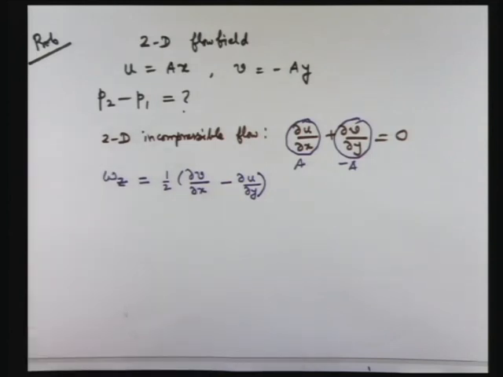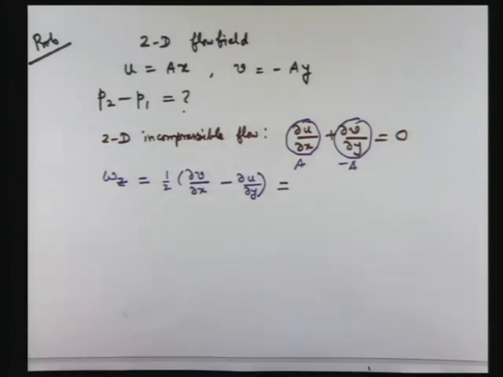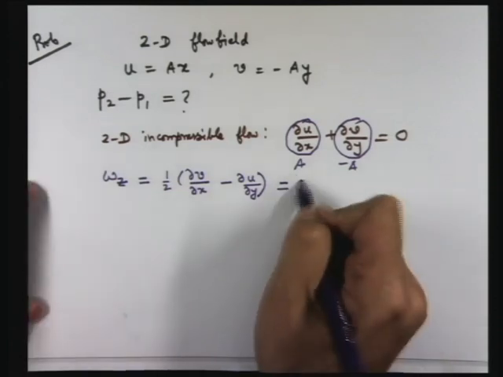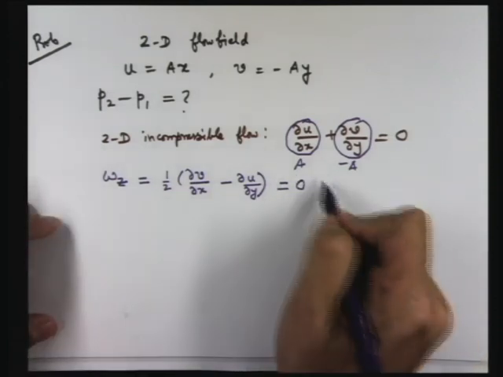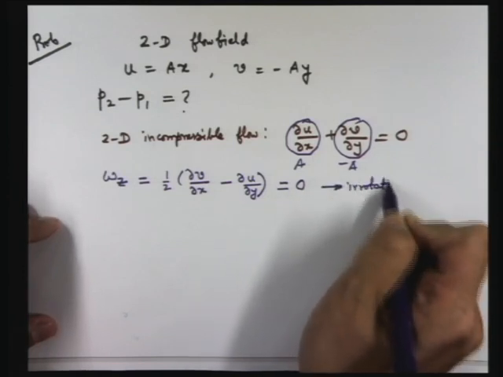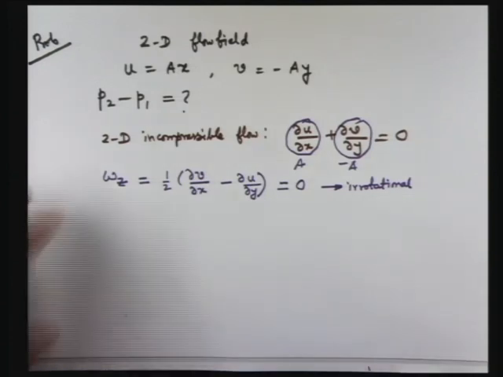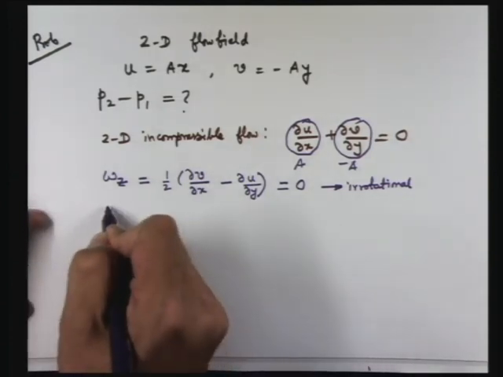This one, right? This is 0. So that means you have irrotational flow. What is the rate of deformation? Rate of angular deformation?